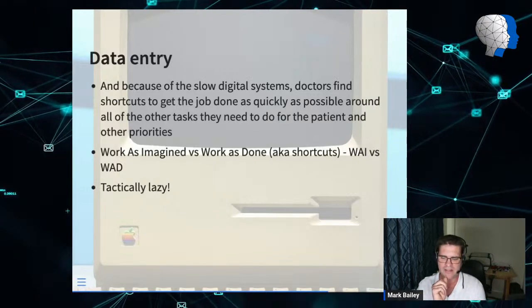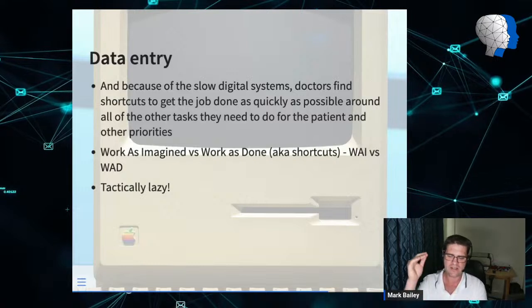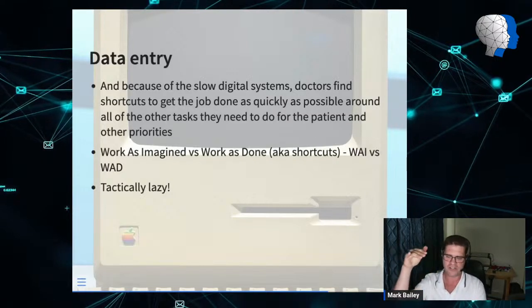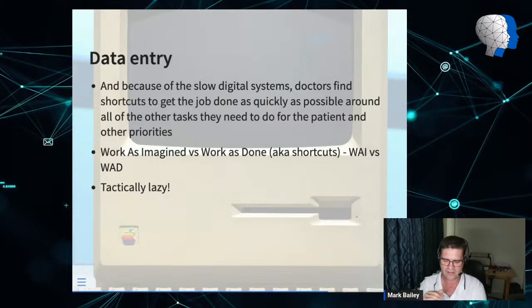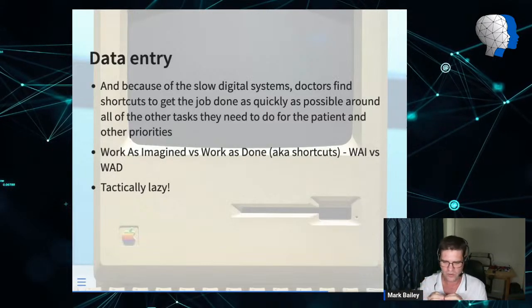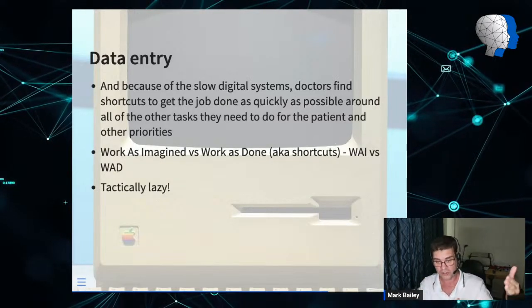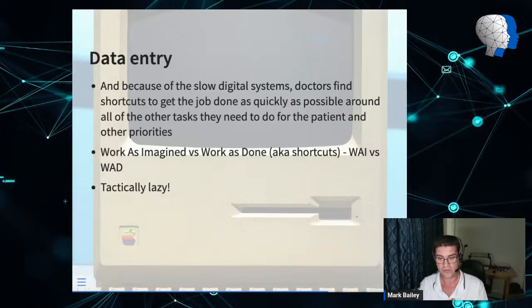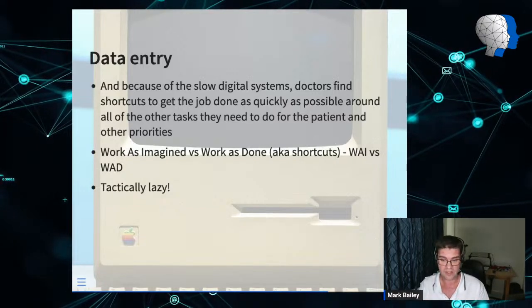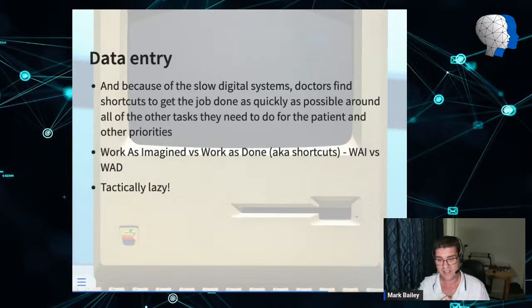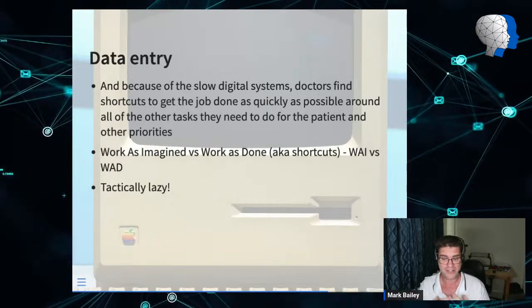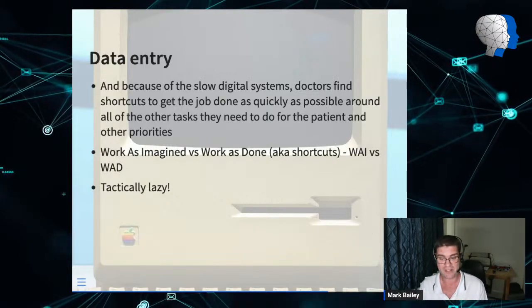And when digital systems are built, there's this idea of this is how it's imagined, this is how we think it should be used, and then actually us on the front line go, no, that's in the way, this is annoying, I'm going to go this other route, or I found this shortcut to do the thing I need it to do quicker to get back to the patient. Unfortunately, some of these shortcuts can be unsafe. So digital folk really hate it when we do shortcuts because it can be quite unsafe.